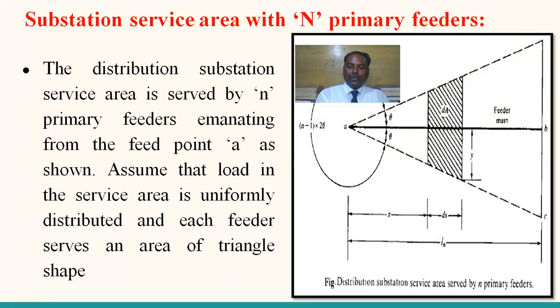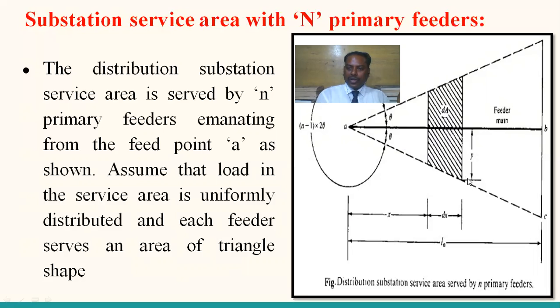So now we need to go to the analysis. One more point you have to observe: the distance from the feed point to the point we are assuming on the uniformly distributed load is x, and the length of the differential area is dx. The differential area is denoted as dA.